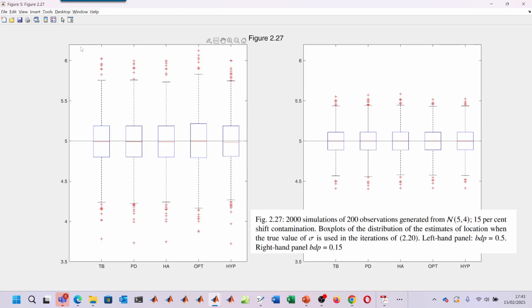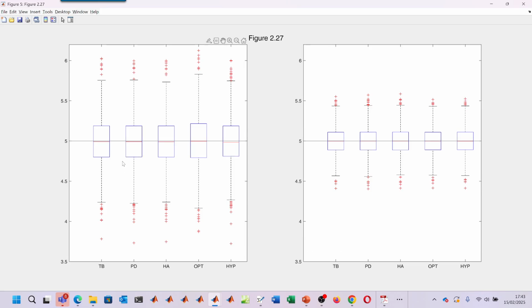In this example, we have considered in both cases 15% of contamination. Note that here the right panel has a value of breakdown point which is 0.15, exactly equal to the fraction of units that have been contaminated.